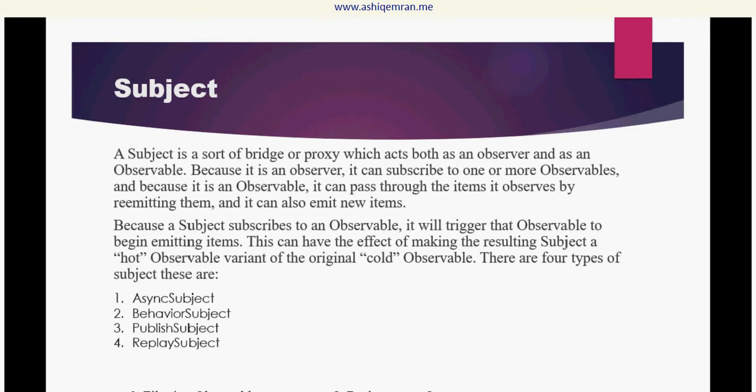So a Subject can subscribe to one or more observables here, and because it is an observable, it can pass through the items to its observers by re-emitting them, and it can also emit new items. Because a Subject subscribes to an observable, it will trigger that observable to begin emitting items. This can have the effect of making the resulting Subject a hot observable variant of the original cold observable.